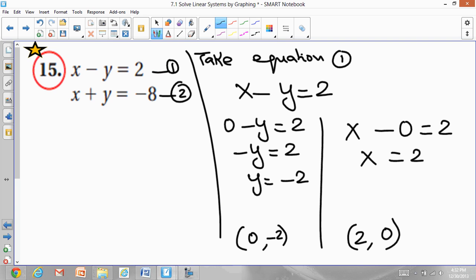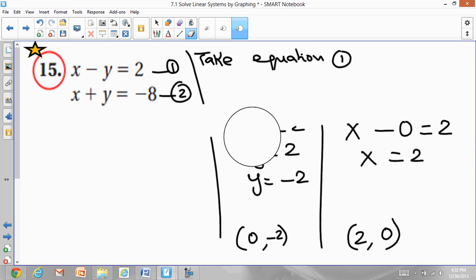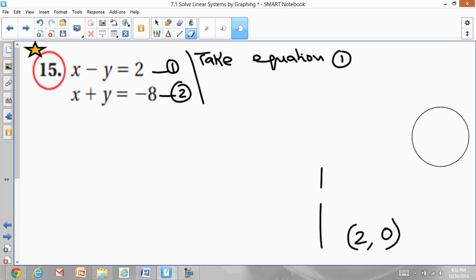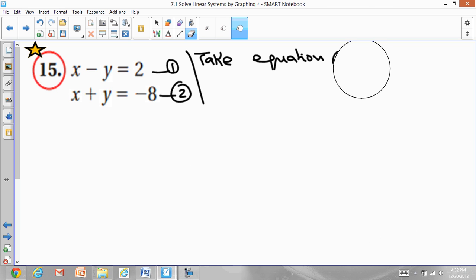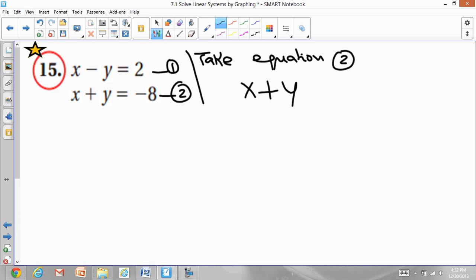Now let's go for the second equation. Now let's take equation number 2: x plus y equals negative 8.